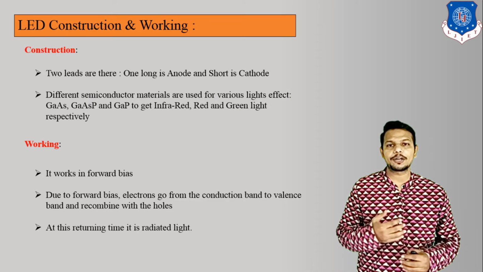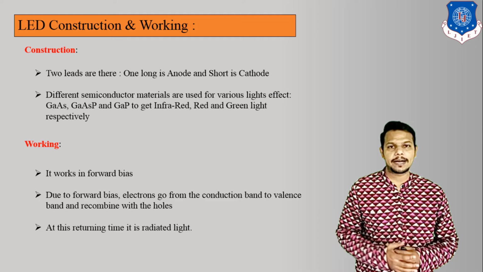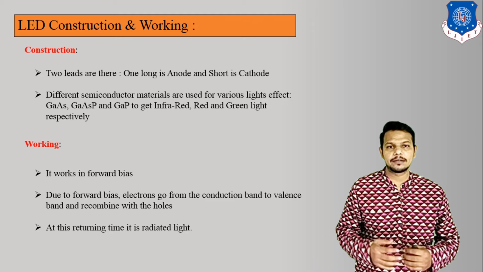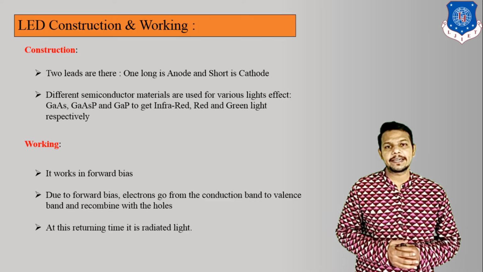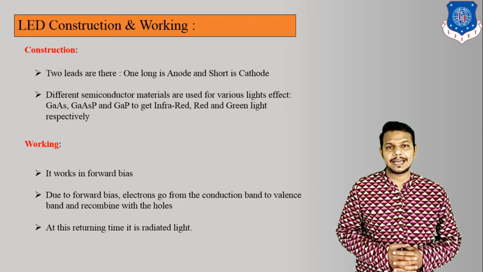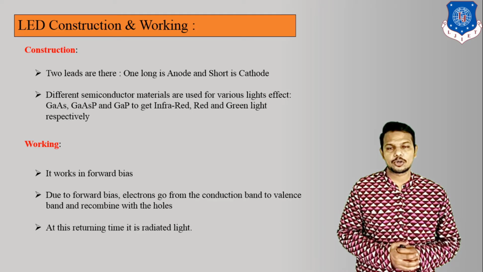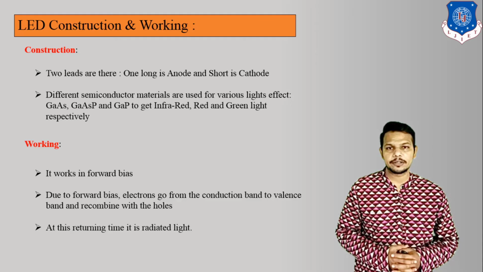If you are using GaAsP, you will get red light. If you are using GaP, you will get green light. So the material indicates its light, and SiC indicates white light. According to your application, you can use different types of material.